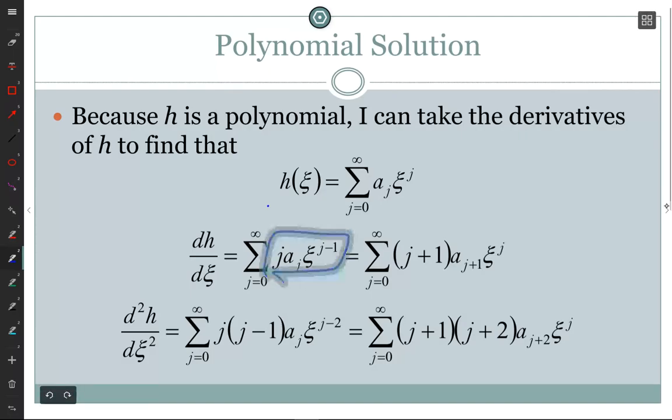And so we really only need to start at j equals 1. So with that substitution that j is equal to k plus 1, I'd start with k at 0 to start with j equals 1. Because the j equals 0 term was 0.